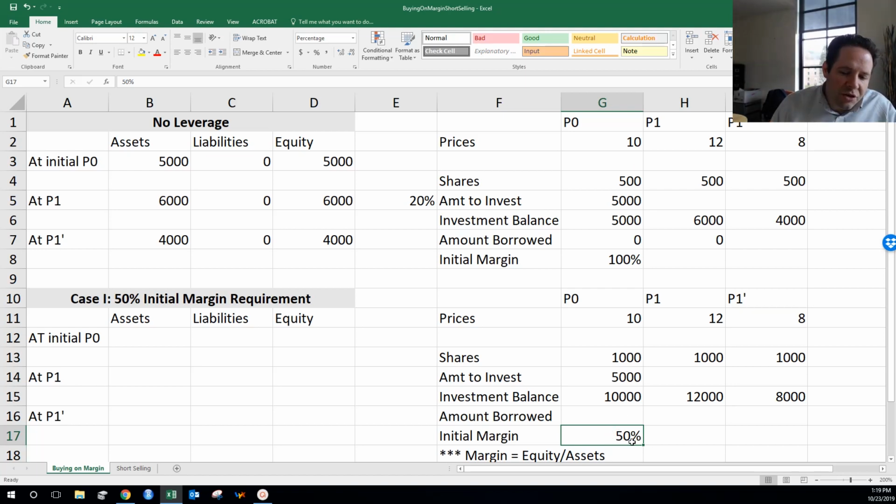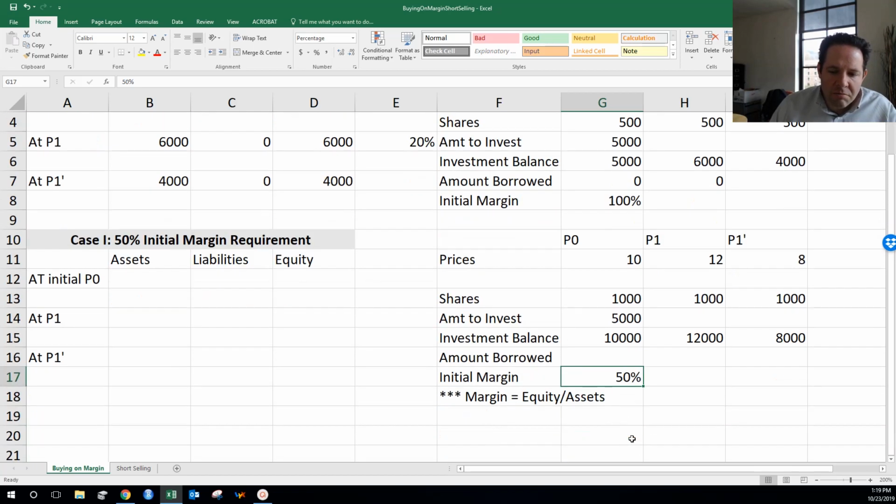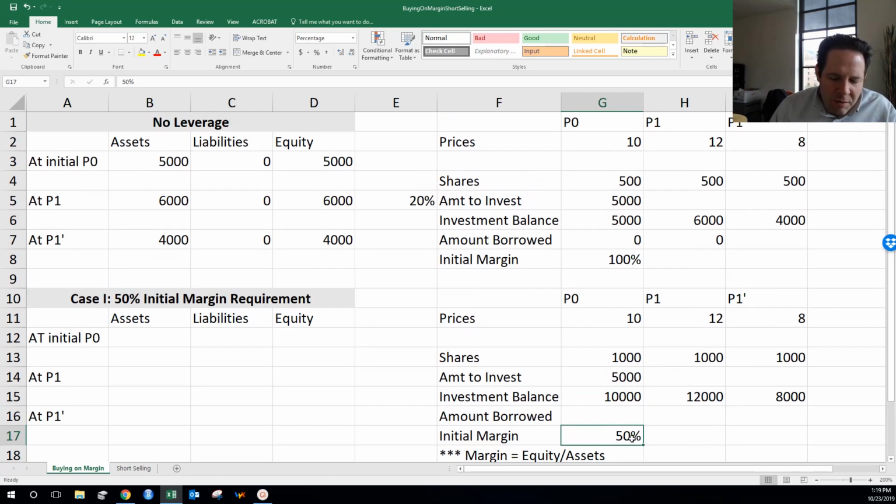Now, what is initial margin? There are requirements that the brokerage firm is going to stipulate, but you can only borrow so much. They're not going to allow you to borrow 99% of your investment because they're going to be on the hook for allowing you to do this.